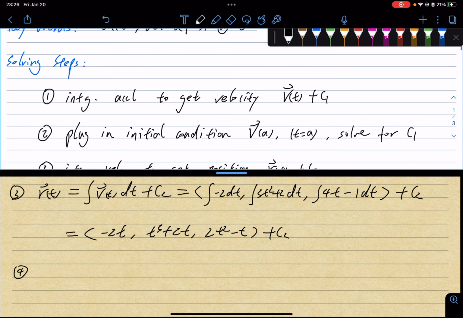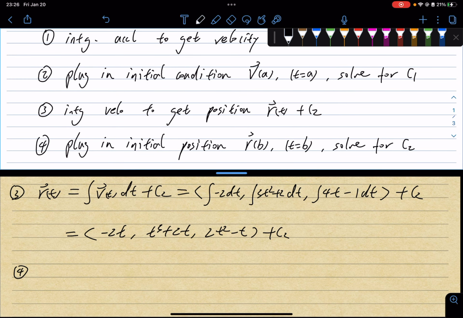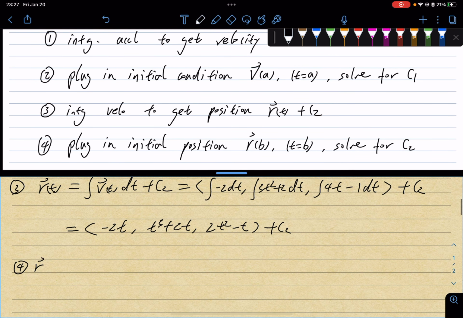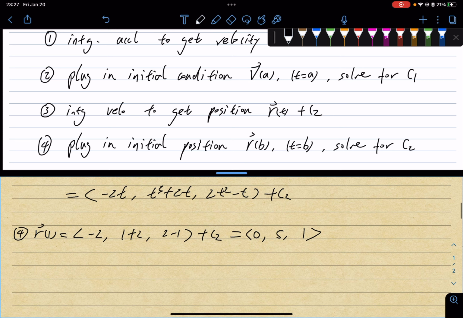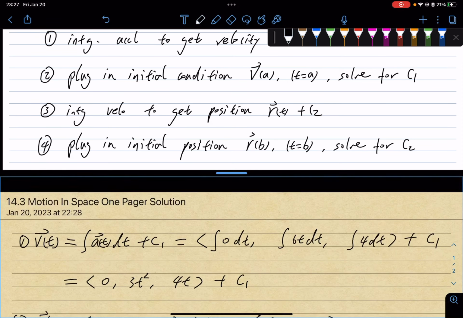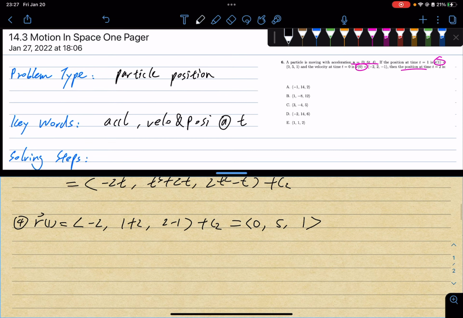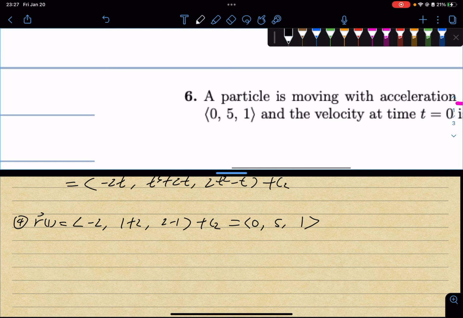So let's go ahead and do that. r of 1 equals negative 2, 1 plus 2, 2 minus 1 plus C2 equals 0, 5, 1. Then 0, 5, 1 is our second initial condition for the position vector, right here.